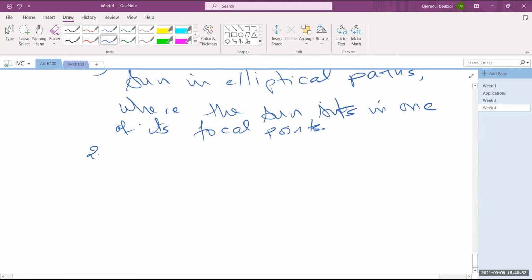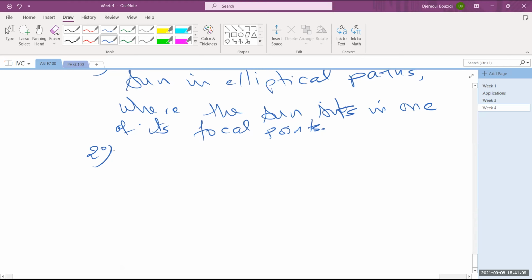Law number two says an imaginary line, okay? The line I drew there is not a real line. There is no highway between the Earth, for example, and the sun, or between Venus and the sun. There is no line stretching there. It's an imaginary line, a mathematical line.